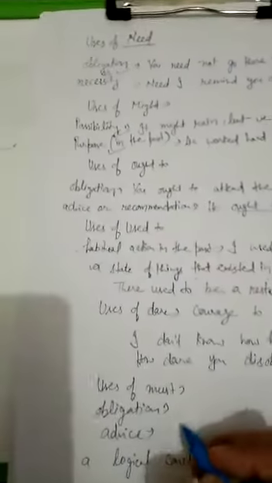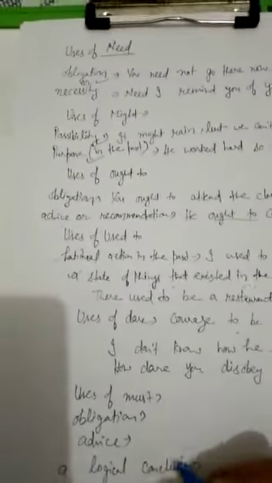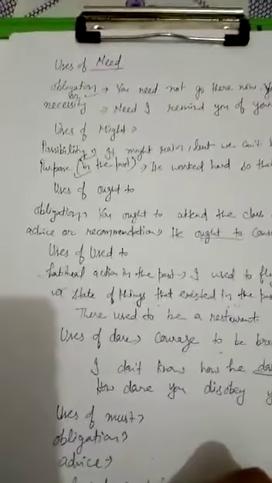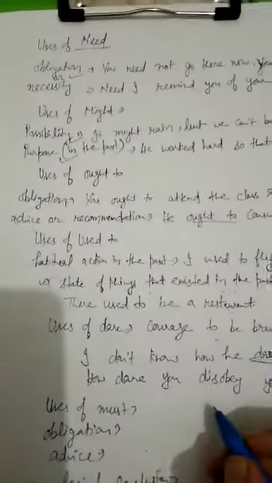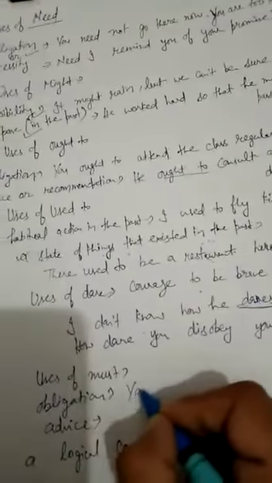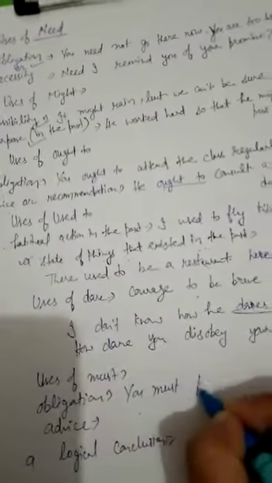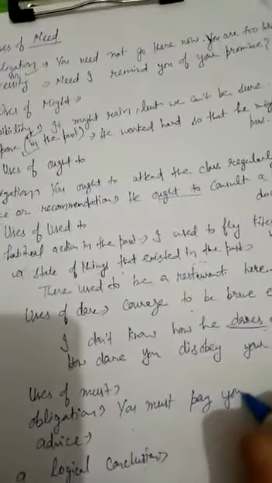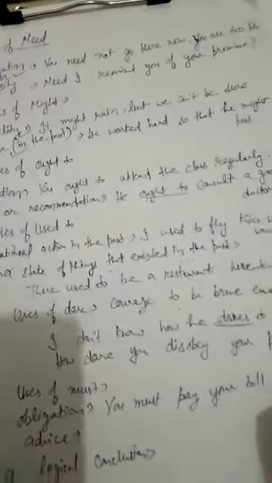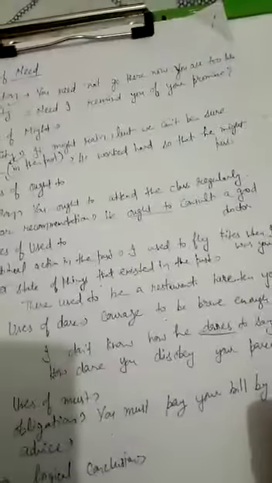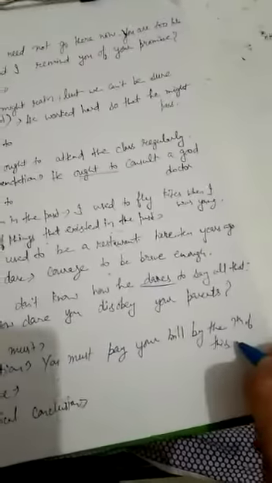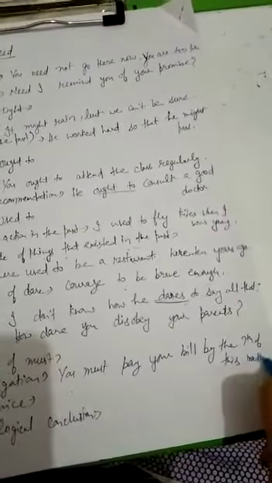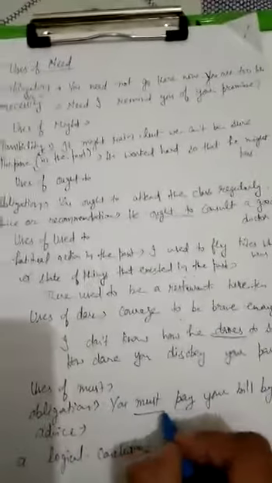We are using must for the obligation, advice, a logical conclusion. The example of obligation is: you must pay your bill by the 7th of this month. So here the obligation is there. For the obligation we will use must.